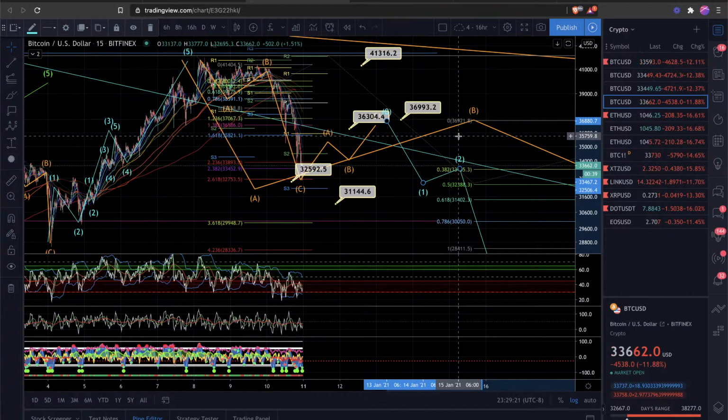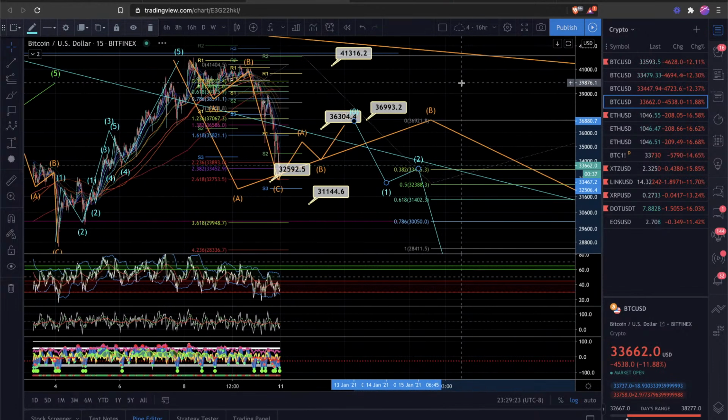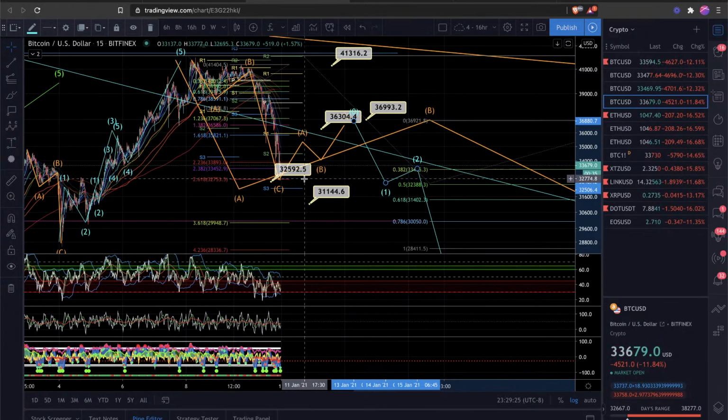So that is my thoughts overall. Yeah, it looks like a pretty good spot for a bounce. I actually might go ahead and toss in a long real quick. See if it sticks. Might be a nice little scalp.